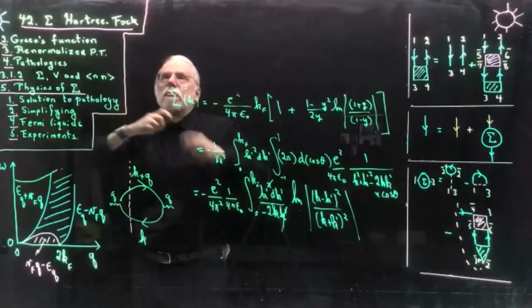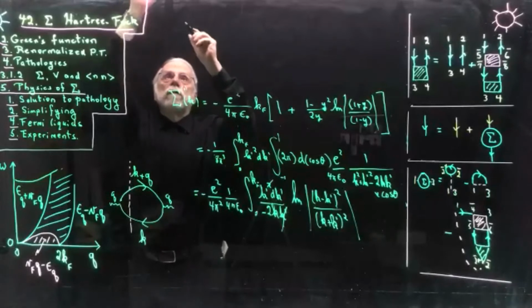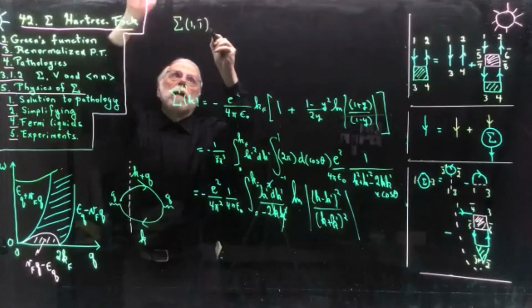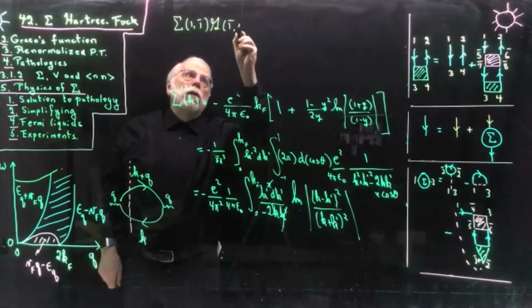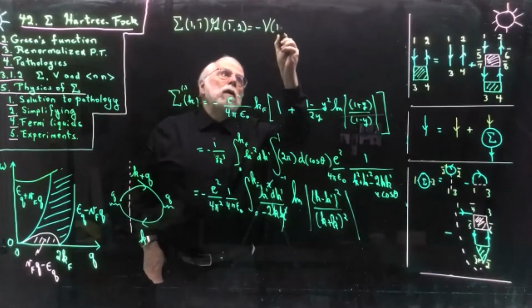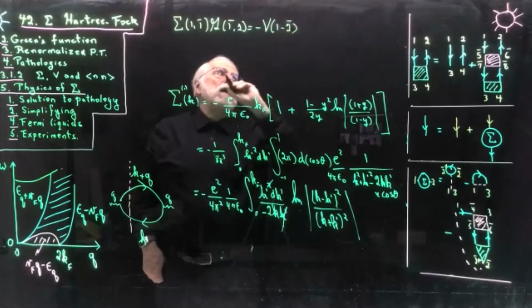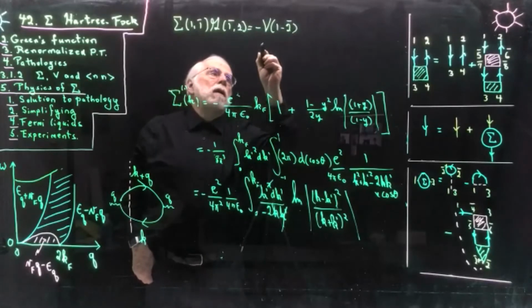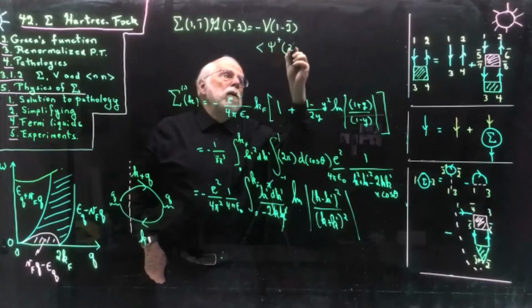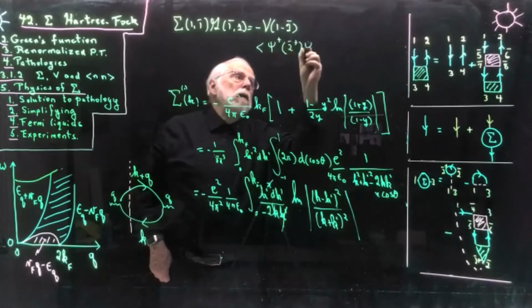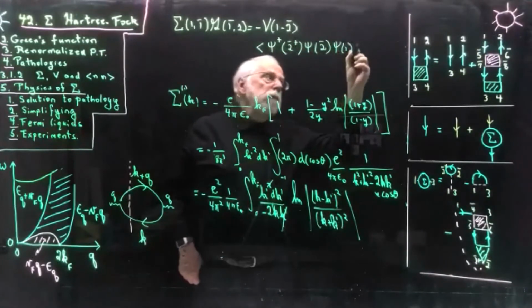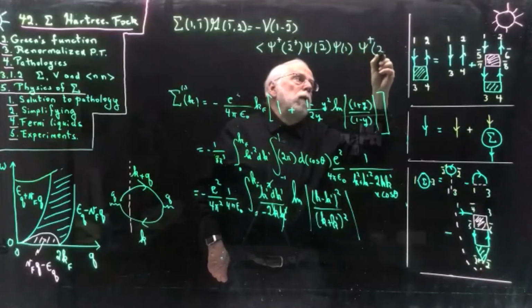So we saw that when we derived the equation of motion, the sigma of 1 bar times g of 1 bar 2 is equal to minus v of 1 minus 2 bar times psi dagger 2 bar plus psi 2 bar psi 1 psi dagger 2.